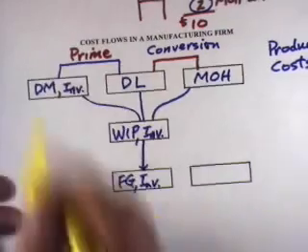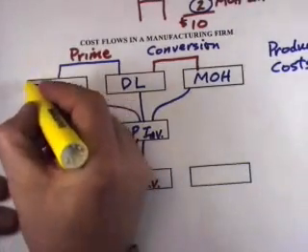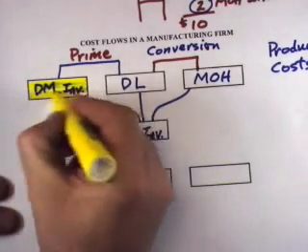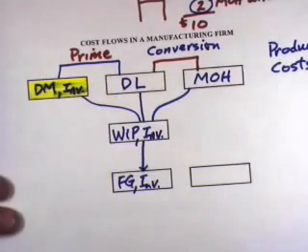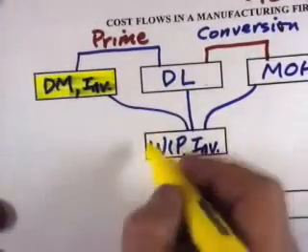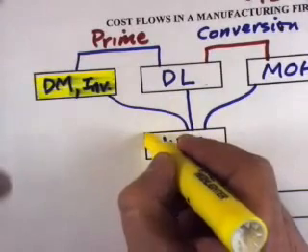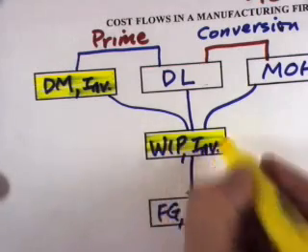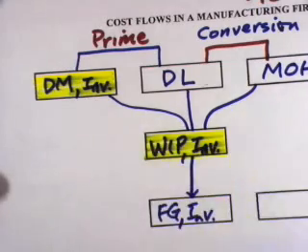And now I've got my third inventory account. I started with inventory of my direct or raw material before they were chairs. And then as I started to produce the chairs, I started keeping track of the costs of those chairs in process in the work in process inventory account.